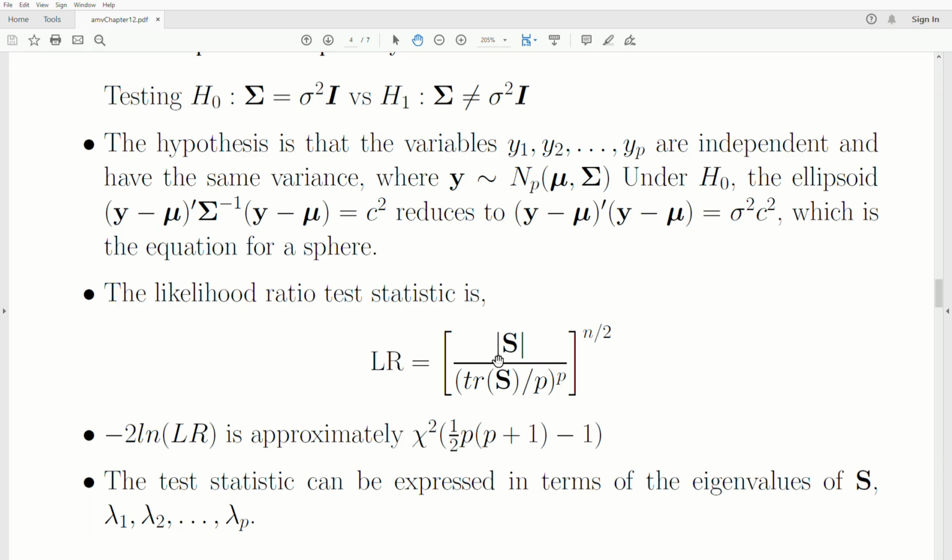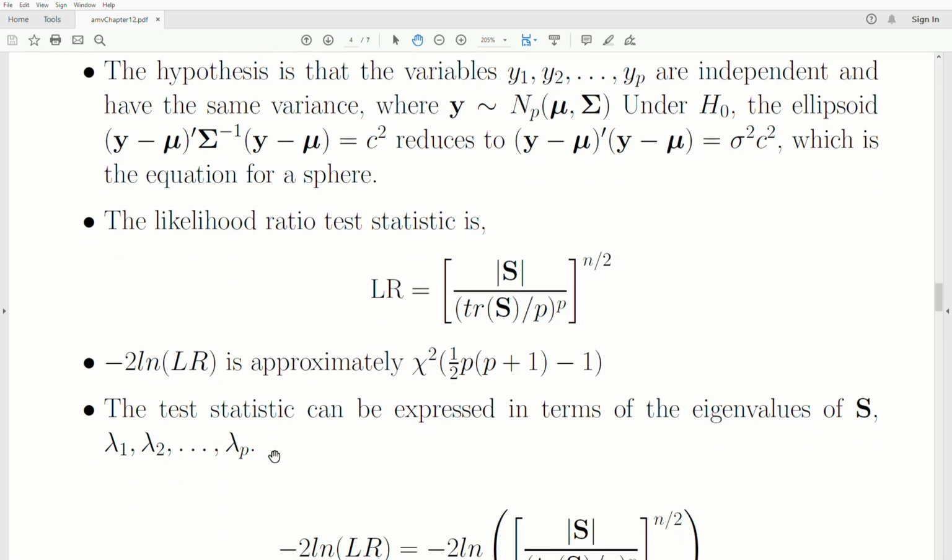And if the alternative is true, then the numerator should be much larger than the sample total variance versus the sample generalized variance. It can be shown that -2 times the natural log of R is approximately chi squared with 1/2 p plus 1 minus 1 degrees of freedom. The minus 1 is because we have to estimate the sigma squared.